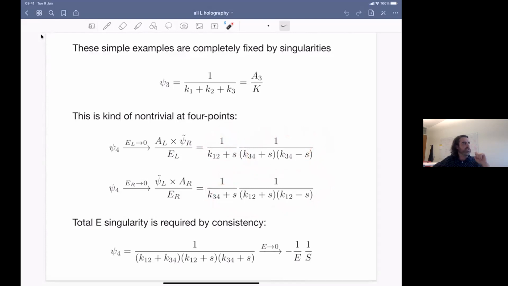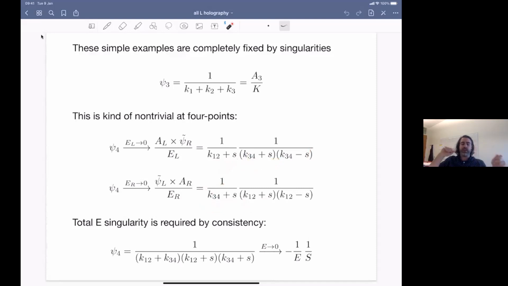The challenge is to find an object that has this residue at the left partial energy pole and this residue at the right partial energy pole. It's a non-trivial task because this left residue has a singularity when E right goes to 0, and similarly, this right residue has a singularity when E left goes to 0. So I can't just add these two things together, because I won't get things right.